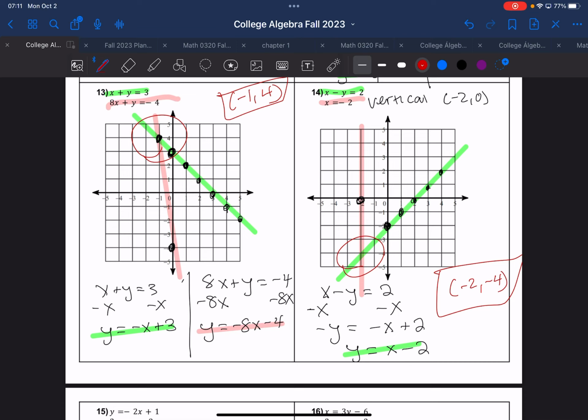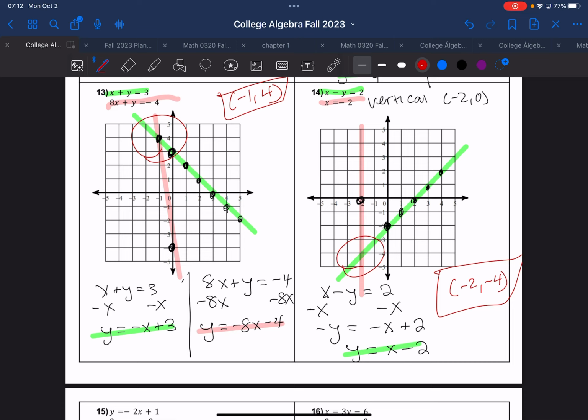For these ones, since we didn't see the same slope, we know it's always going to be one solution. The only way it would be no solution is if they have the same slope, so they're parallel lines. Even if it looks like it's not going to cross, I won't put that on an exam because I want them all in the graph.